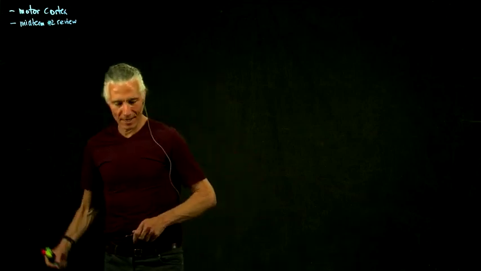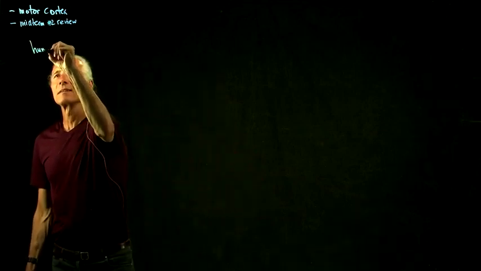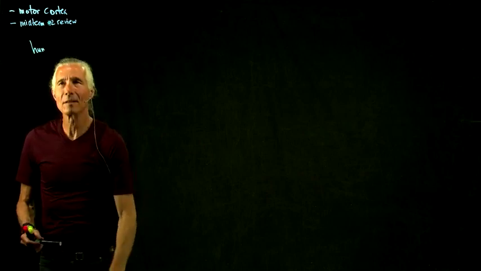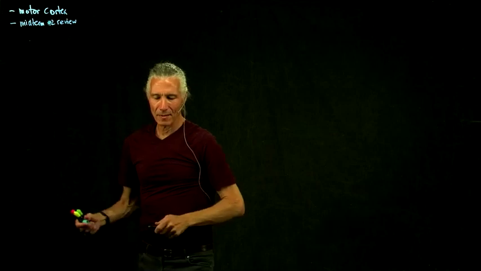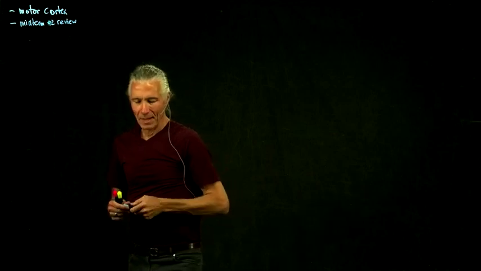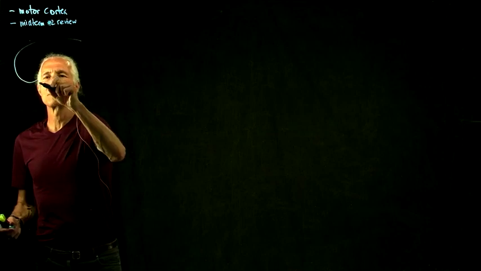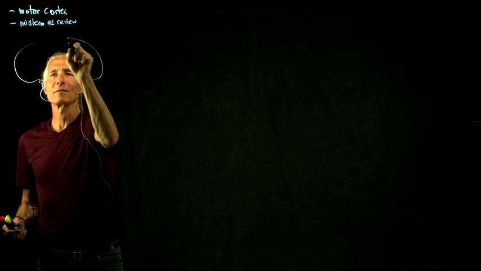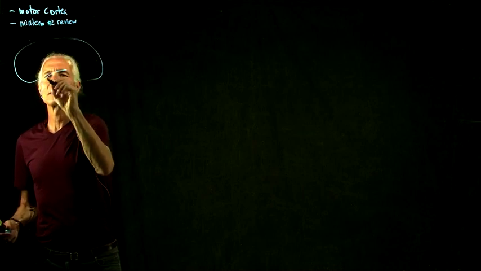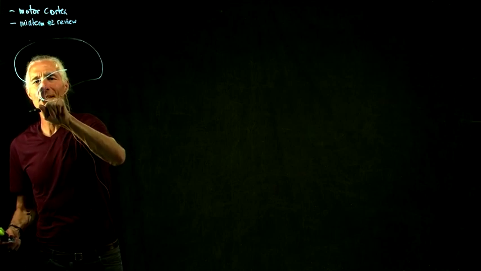So if we look at humans, a lot of the work, of course, has been done in macaque monkeys, and so I always like to put both humans and macaques together so that we can make sure that we're on the same page about where stuff is.